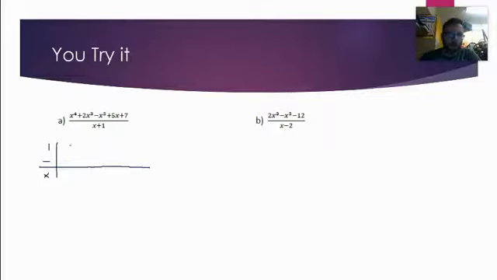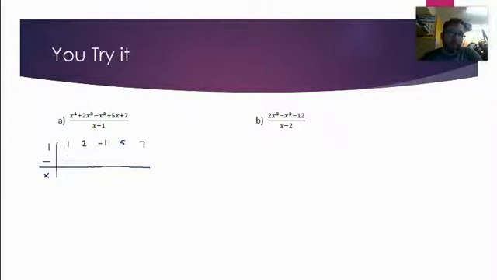And then you write down the leading coefficients: 1, 2, -1, 5, and 7. As usual, guys, if you want to try it on your own, please do. If you'd feel more comfortable doing it with me, that's great. And then maybe you can try the next one on your own.